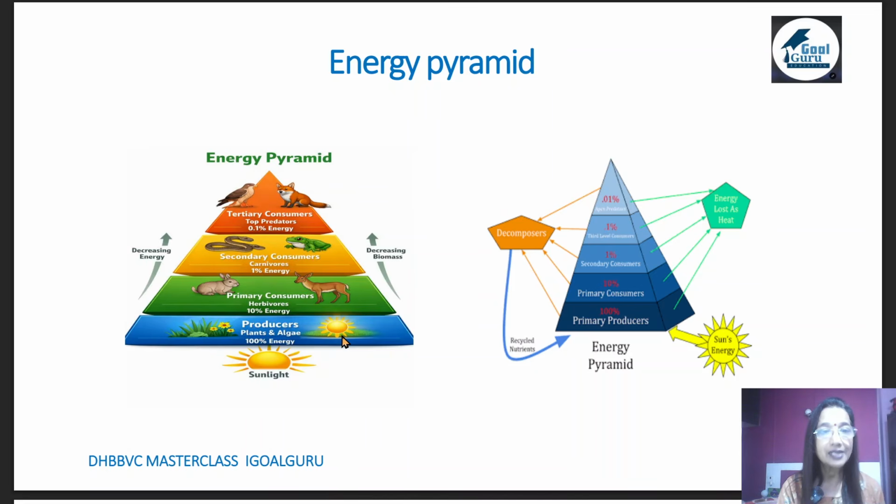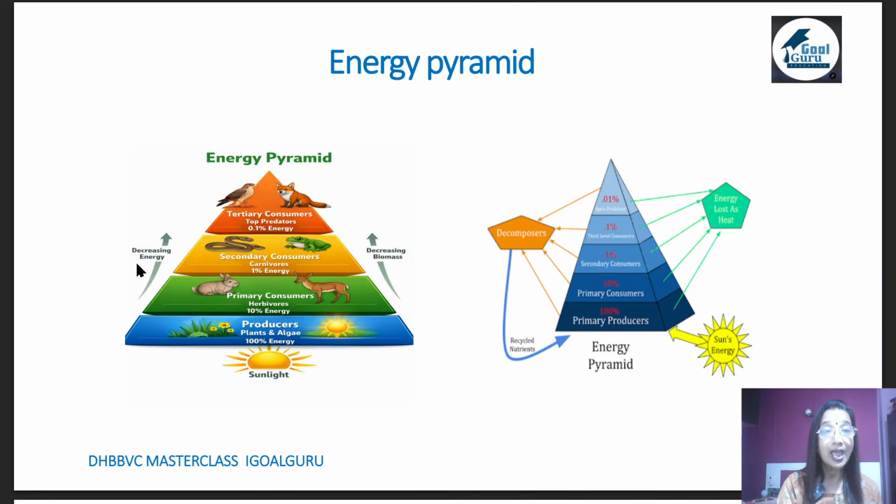The base is made up of producers, right? It gets the energy directly from the sunlight. So it gets maximum amount of energy. As the energy moves upwards, okay, less and less is available. Okay, decreasing energy level.